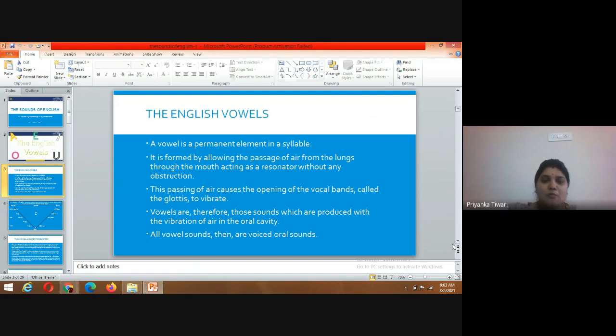This passing of air causes the opening of the vocal bands, called the glottis, to vibrate. Vowels are therefore those sounds which are produced with the vibration of air in the oral cavity. So all vowel sounds are voiced oral sounds.